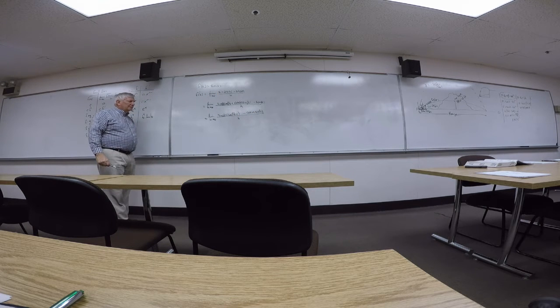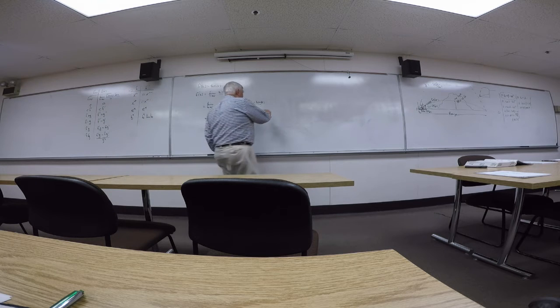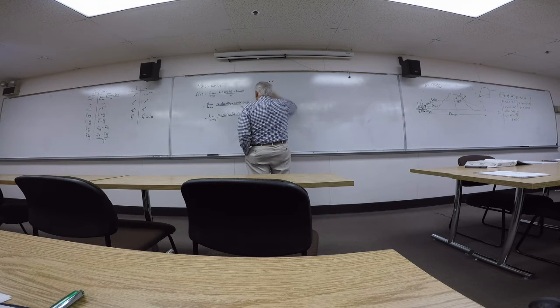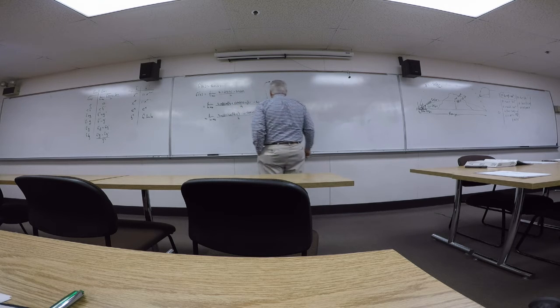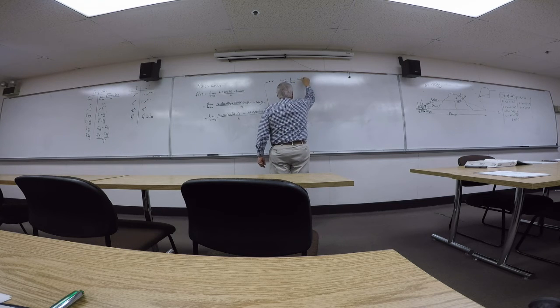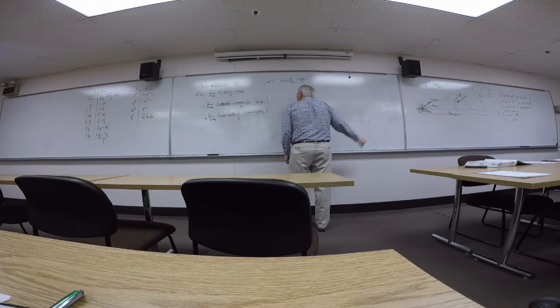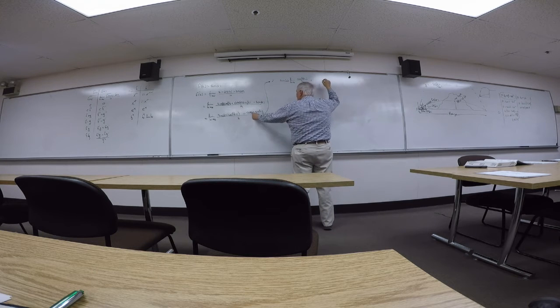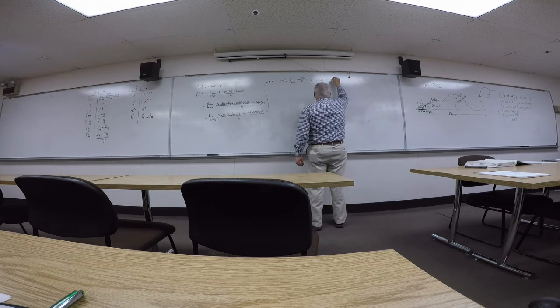Still have all the terms. I think I'll break this into several parts. It is equal to sine x times the limit as h approaches 0 of cosine of h minus 1 over h, plus cosine x times the limit of sine of h over h.